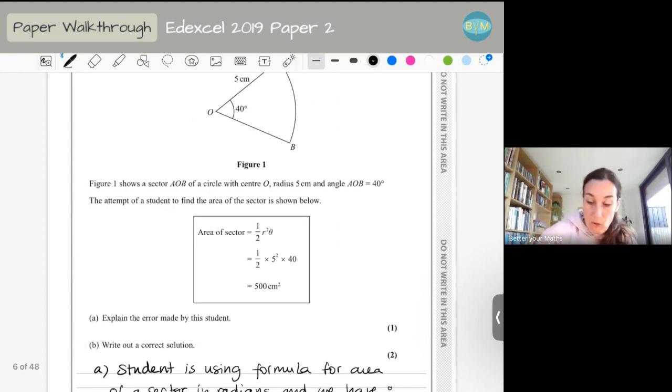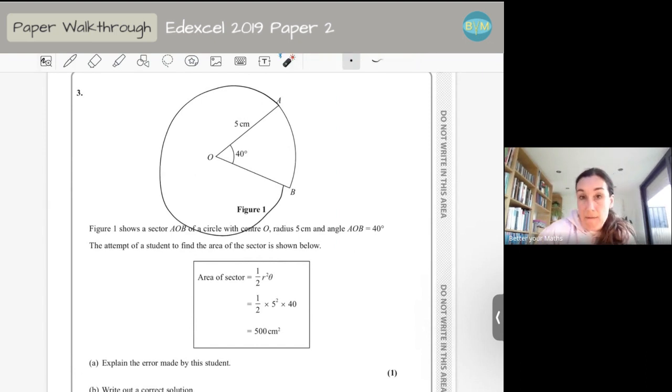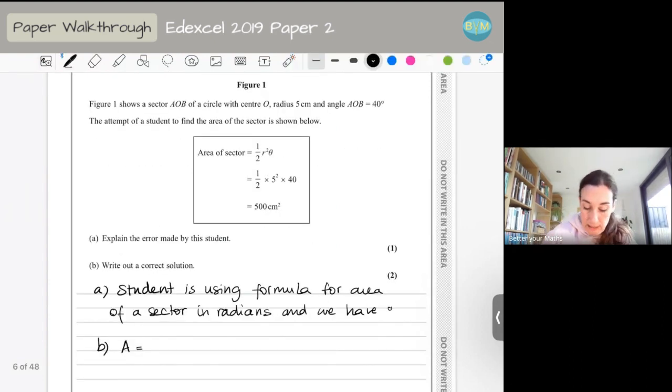The sector has a whole circle around it. So we find the area of the whole circle, pi r squared, and then take the proportion of this angle over the 360, which is 40 degrees out of the 360. We can find the area of a sector in degrees that way, finding the proportion.